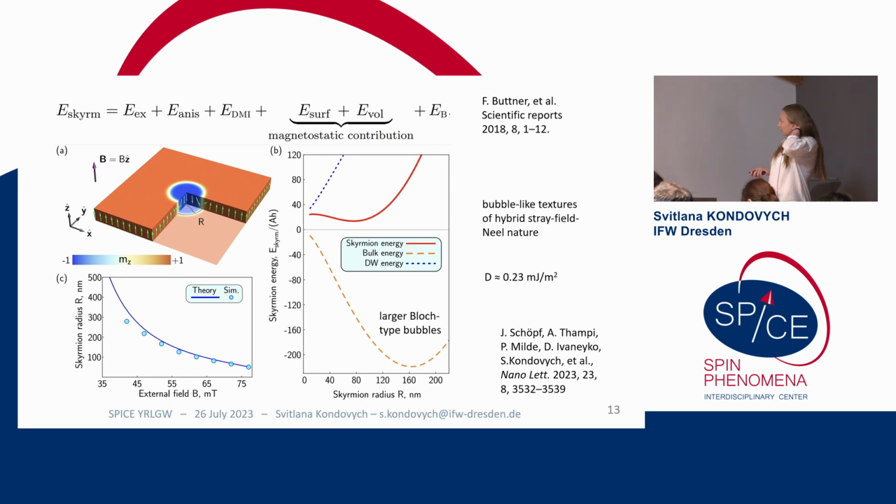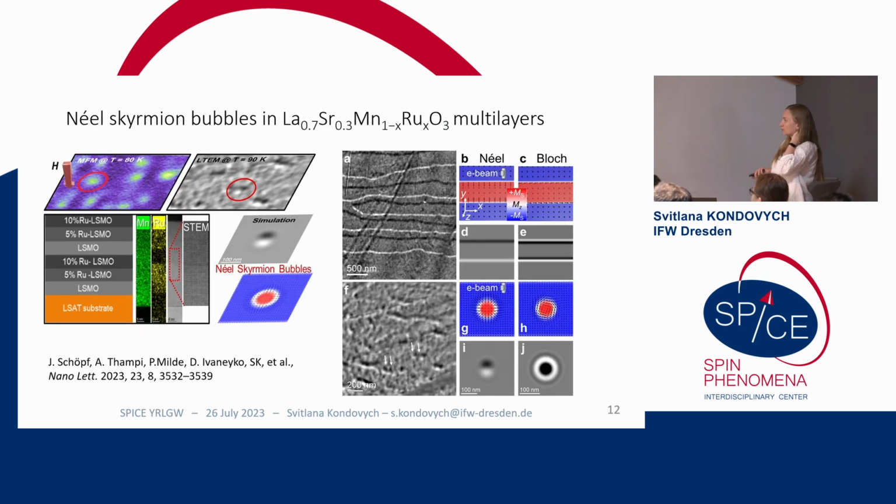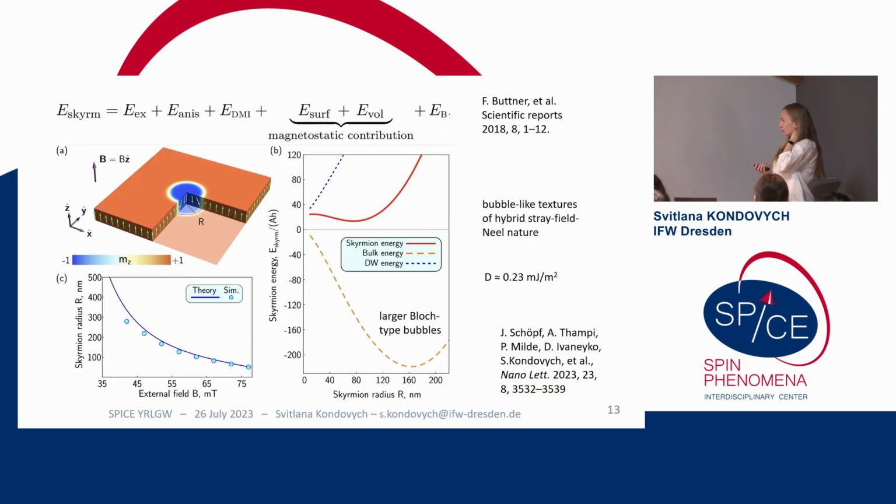So we managed to apply this theory to the material which was measured here experimentally. And we found the following. This energy can be split into two contributions: the so-called domain wall energy, with terms which increase linearly with the skyrmion radius, and the contribution of bulk energy, which is the magnetostatic contribution and the external magnetic field.